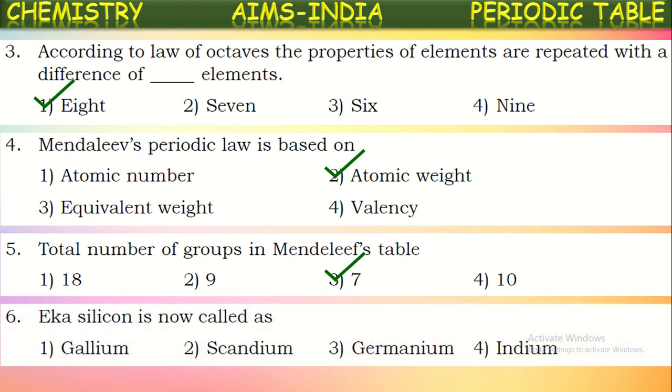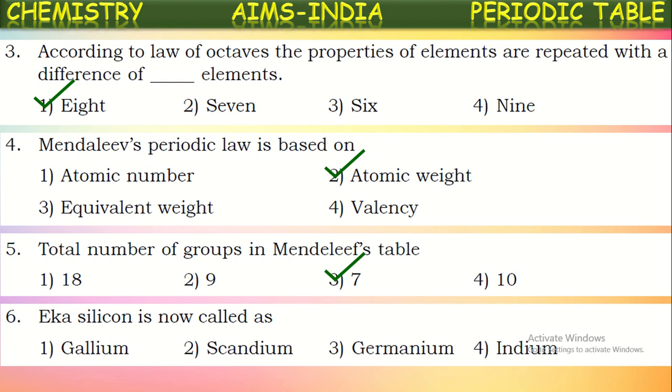Next, silicon is now called. Yes, in Mendeleev's periodic table, he left some places for elements which were to be found later. He named those elements based upon the properties of the remaining elements in the same group. For example, a blank place is left below silicon, and it was expected to have properties similar to silicon.